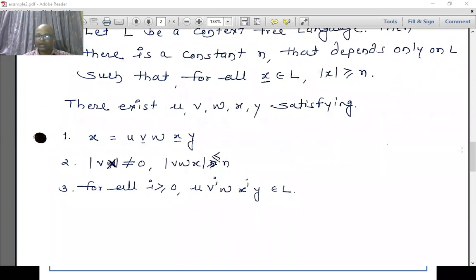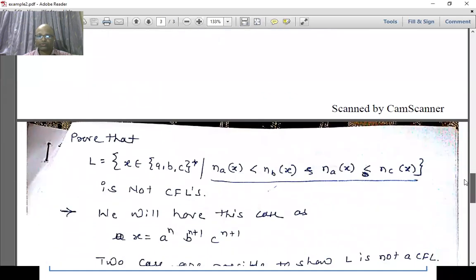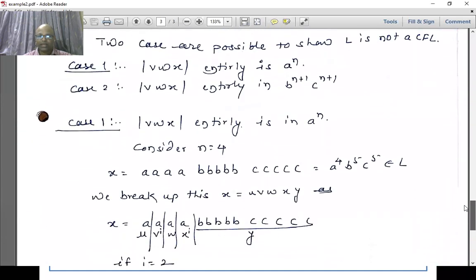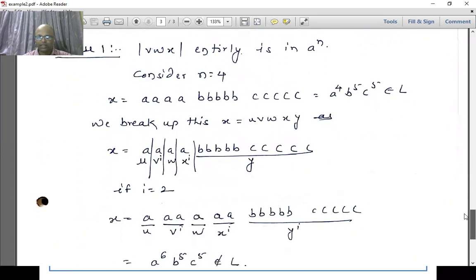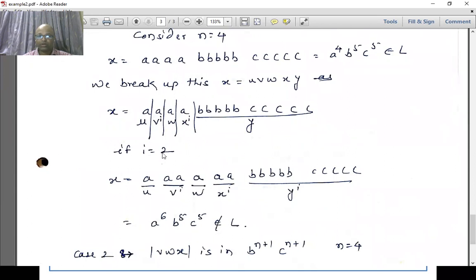So in this case your constant is 4. So case number 1, if we break up this string into AAA, the length of the string is 3. So 3 A's are there, so length of VWX is 3. So this is surely less than this n. So once both the conditions are satisfied, you start pumping up.